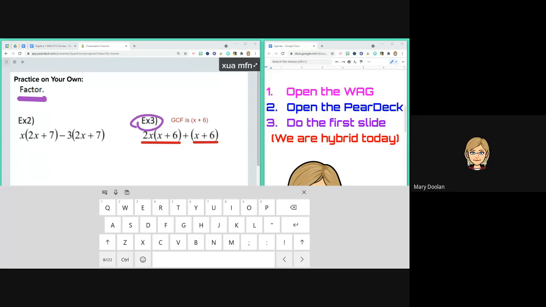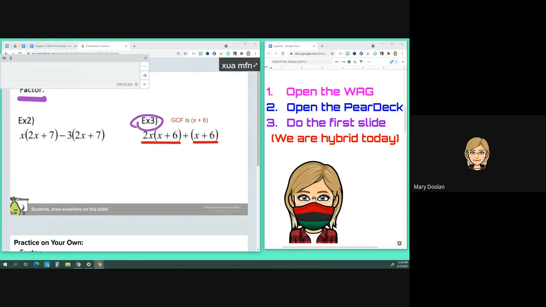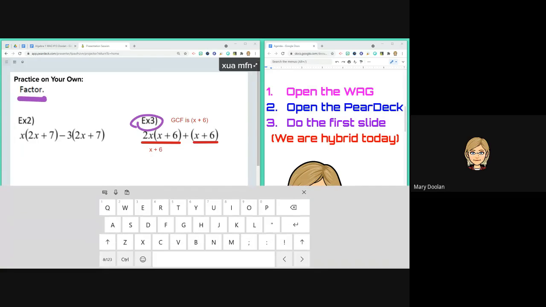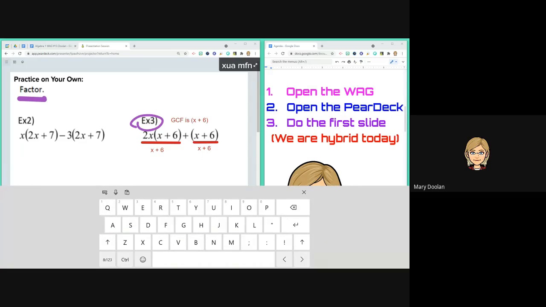So basically, under the first term, I'm going to write x plus 6. And under the second term, I'm going to write x plus 6. I could put the parentheses around there too.